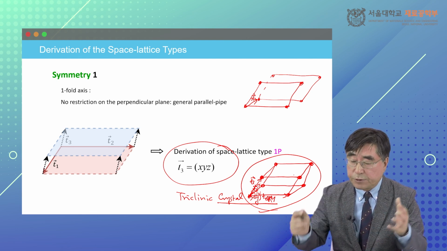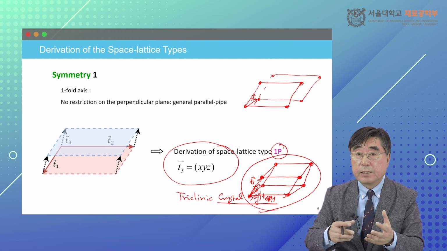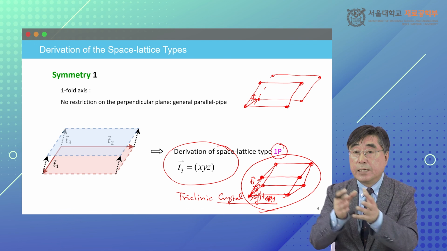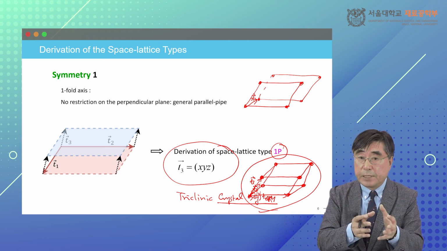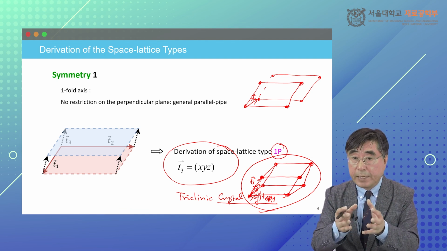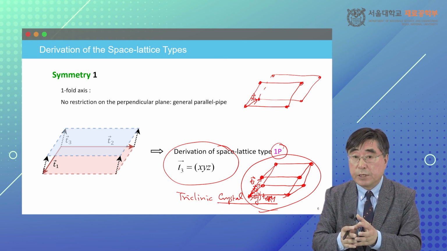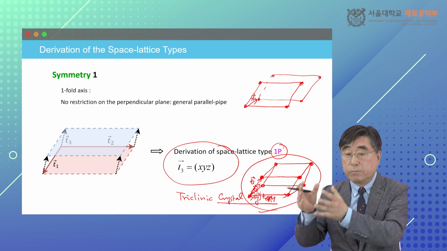So this is the triclinic crystal system, but when you say 1P, this is the definition of the Bravais lattice. So this is the primitive triclinic Bravais lattice. The crystal system is triclinic, starting from one-fold symmetry of a plane net, but there is only one lattice point in a unit cell. So this is the primitive triclinic Bravais lattice.